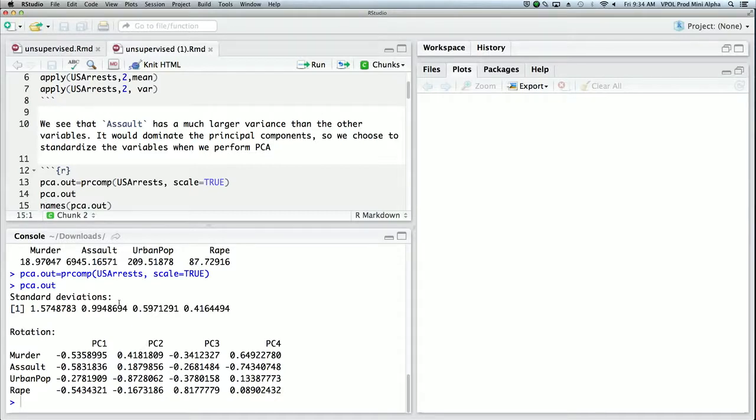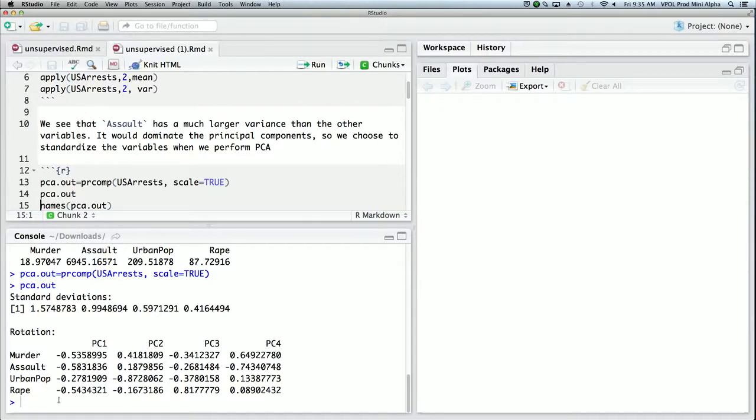And then what's called the rotation are the loadings. So the first principal component is pretty much loaded equally on the 3 crimes, and it's got a lower loading on urban population. So it seems like the first principal component is just a measure of how much crime there is. It's essentially an average of the 3 crimes.